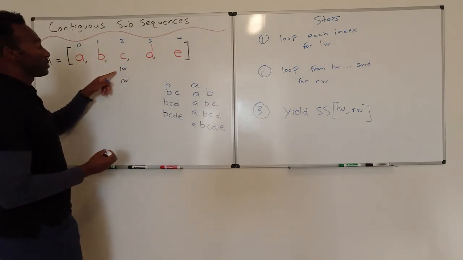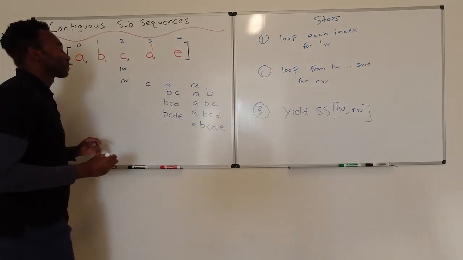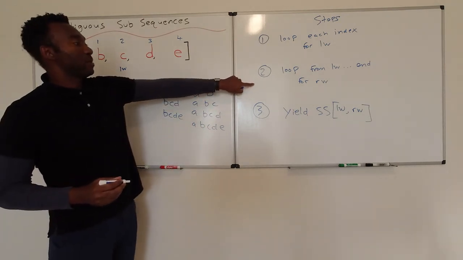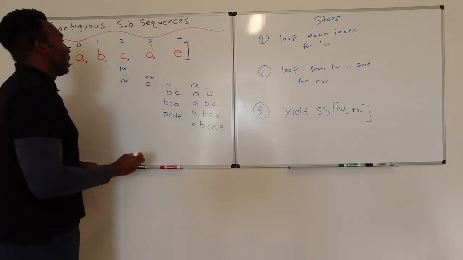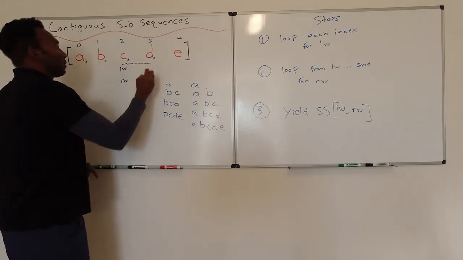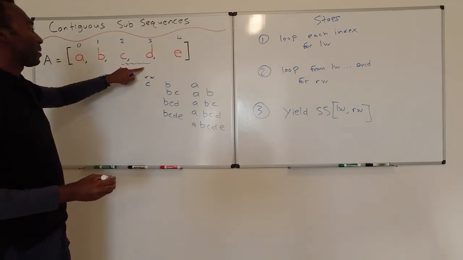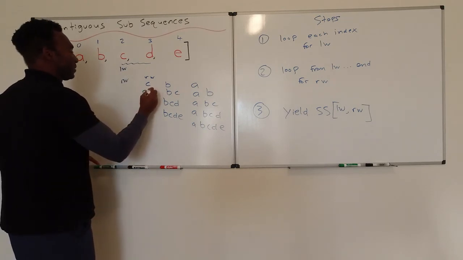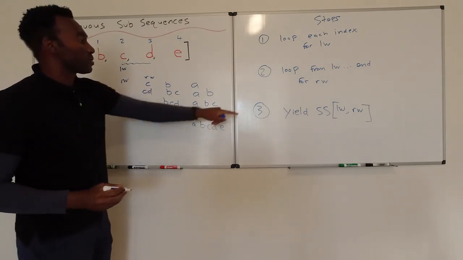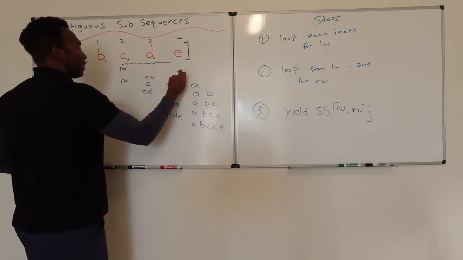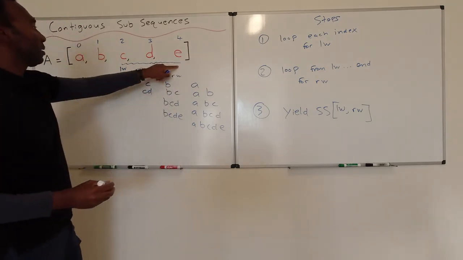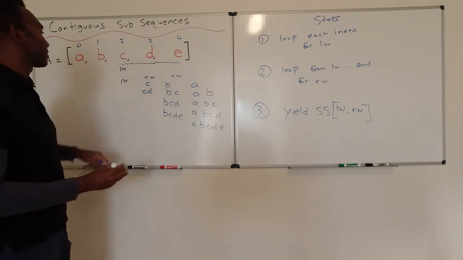When we do that, we're going to get C. Next, we go back to step 2 and we're going to increment the right wall. And then we're going to yield the subsequence defined by that, and that is going to give us C, D. Next, we're going to go to 2 again, and that will bring us to the E. Therefore, we have C, D, and E.